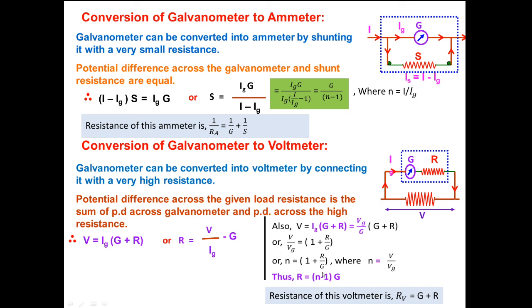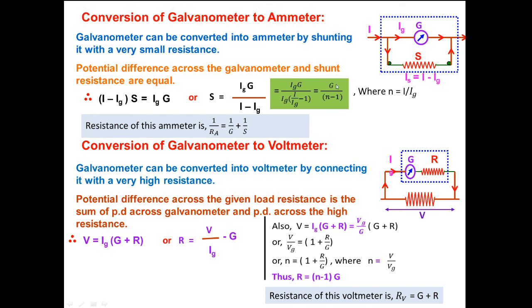Thus R equal to N minus 1 into G. If we compare, shunt equal to G by N minus 1 and here R equal to N minus 1 into G. To keep in mind, shunt is a small resistance, so G is divided by N minus 1, whereas R is a high resistance, so it is multiplied with N minus 1.